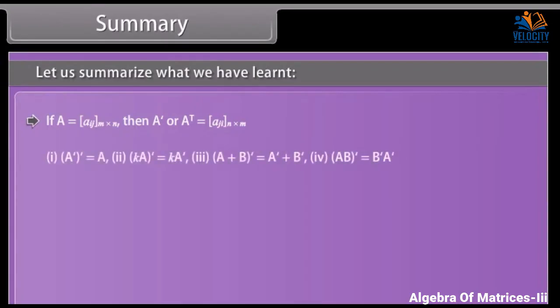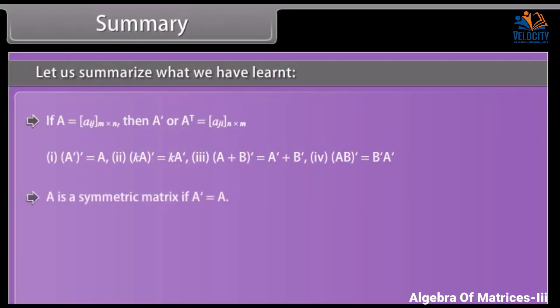Transpose of matrix A transpose is equal to matrix A. Transpose of K into matrix A is equal to K into transpose of matrix A. Transpose of matrix A plus B is equal to transpose of matrix A plus transpose of matrix B. Transpose of matrix AB is equal to transpose of matrix B into transpose of matrix A.